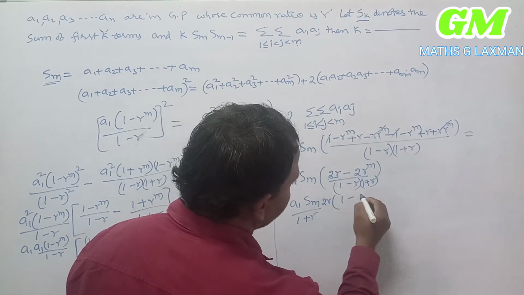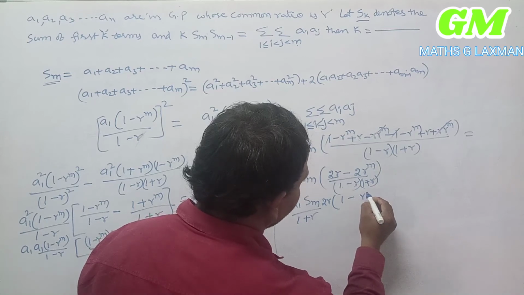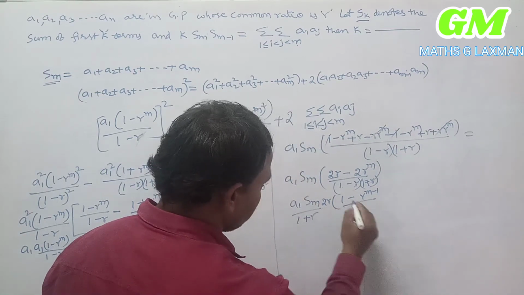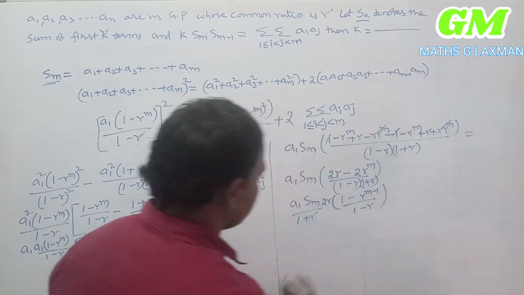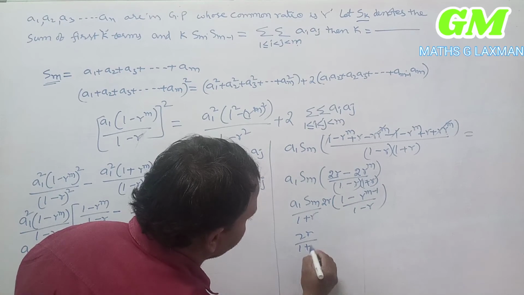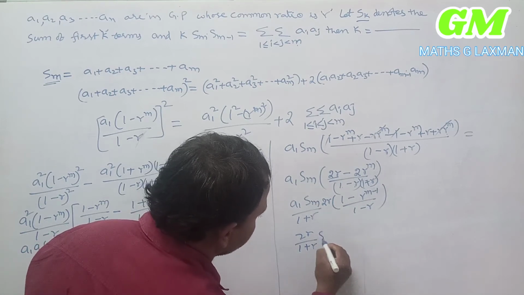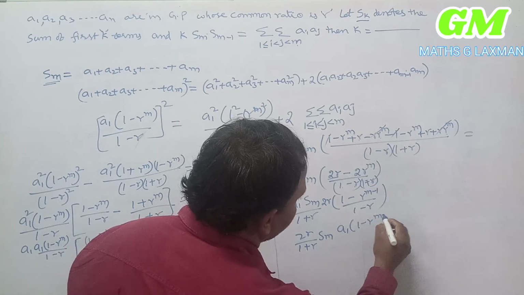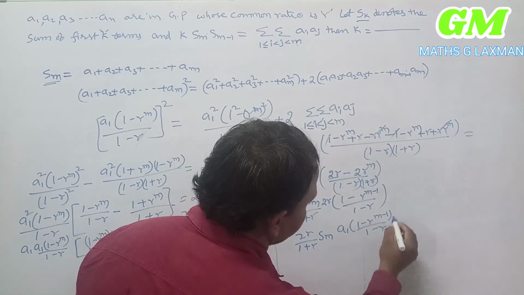So here left over (1 minus r^m minus 1) divided by (1 minus r). So 2r divided by (1 plus r), then S_m, and a1 into (1 minus r^m minus 1) divided by (1 minus r).